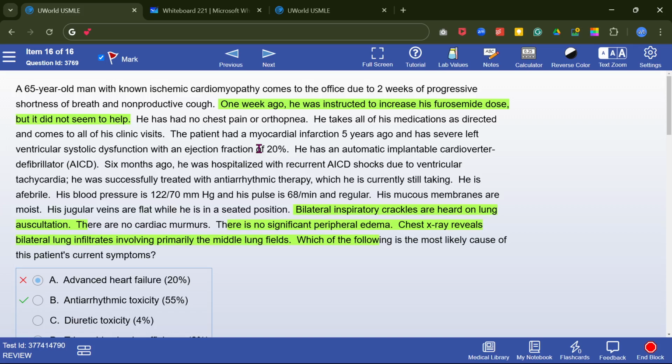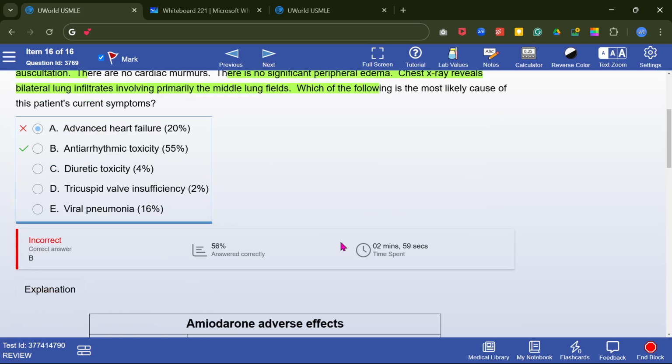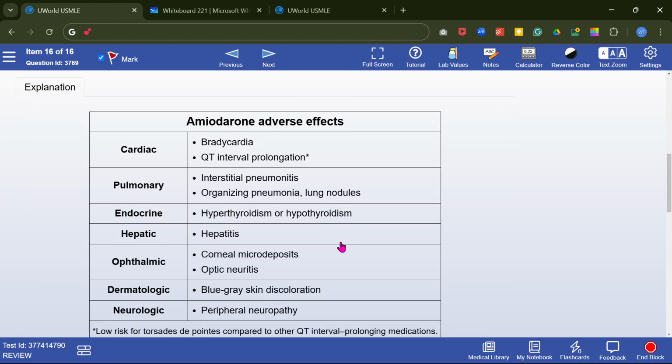The chest X-ray shows bilateral lung infiltrates involving primarily the middle lung fields. And this is amiodarone toxicity.